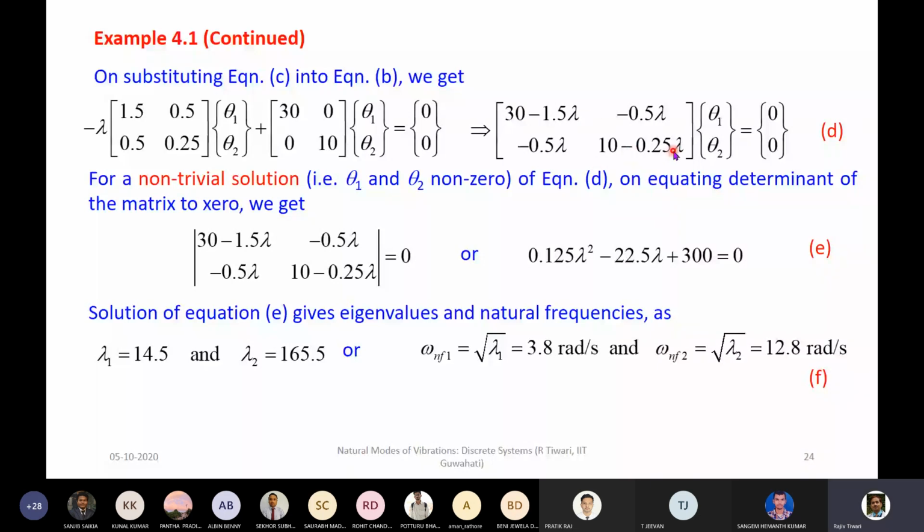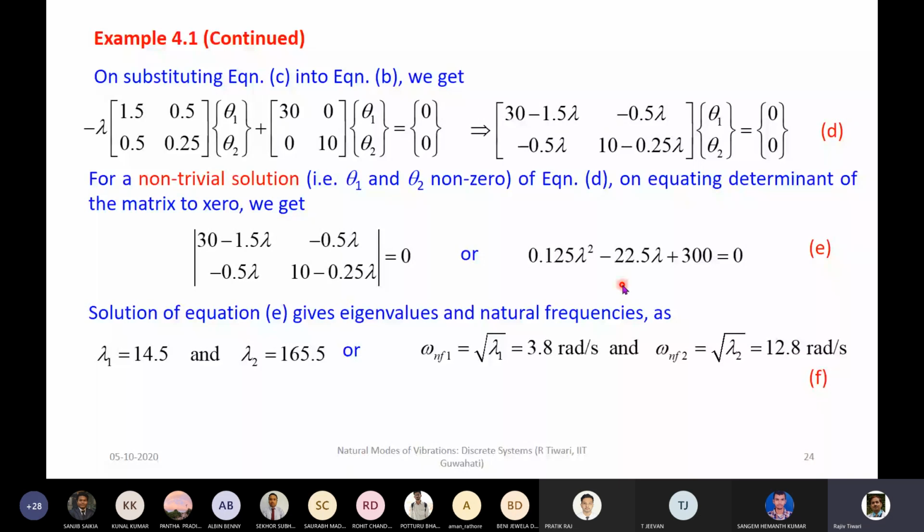Now, to have a non-trivial solution, that means a non-zero solution, because this is a homogeneous equation, the determinant of this needs to equal 0. If we put the determinant equal to 0, we get a characteristic equation, which is nothing but the frequency equation in terms of lambda. This is a polynomial; because we have a 2-degree of freedom system, we get a polynomial of 2nd degree.